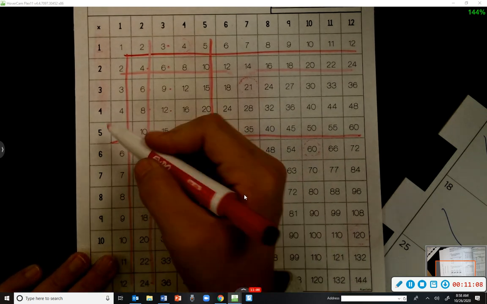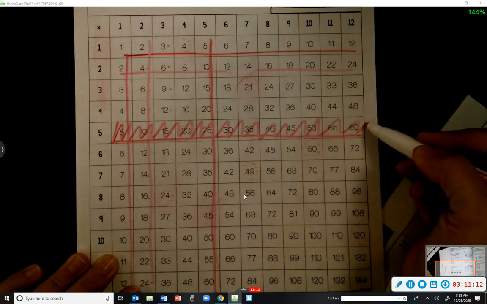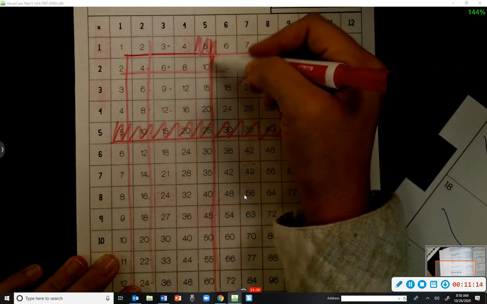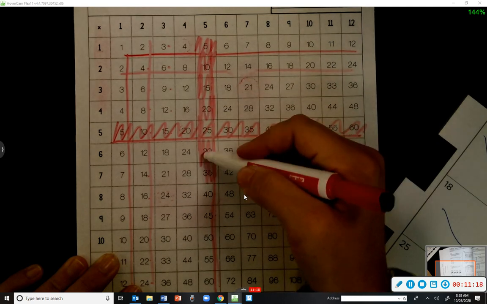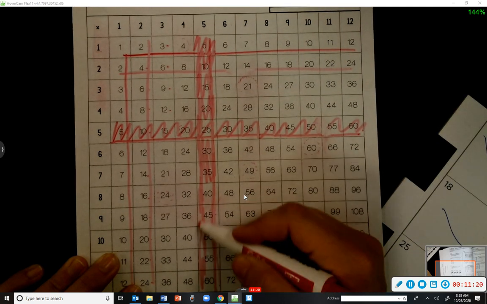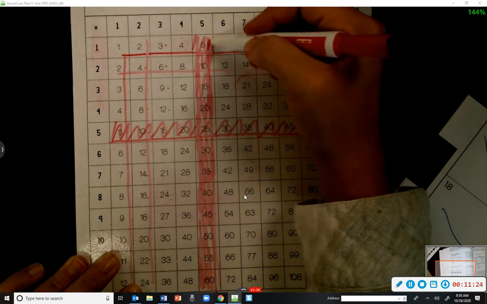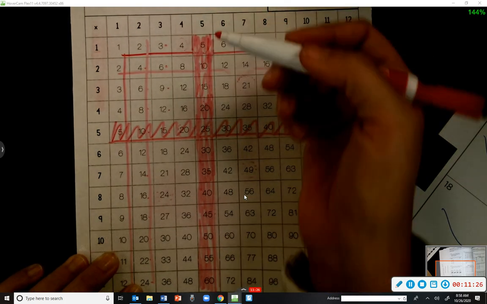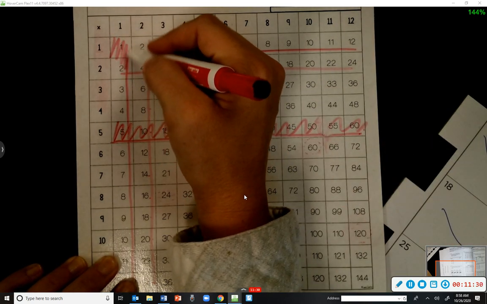Okay, I'm going to shade these in so you can see how many you probably already know without even having to practice. That's so easy. Okay. We know all of our 1s.